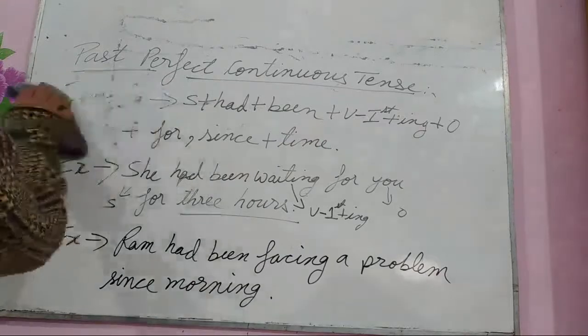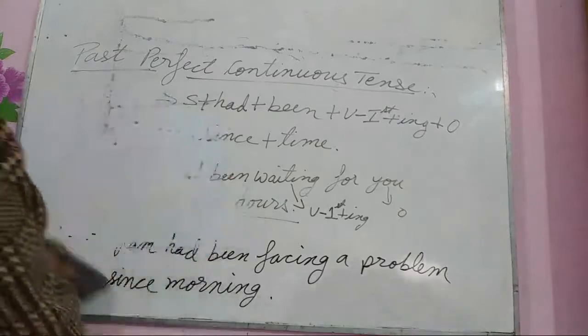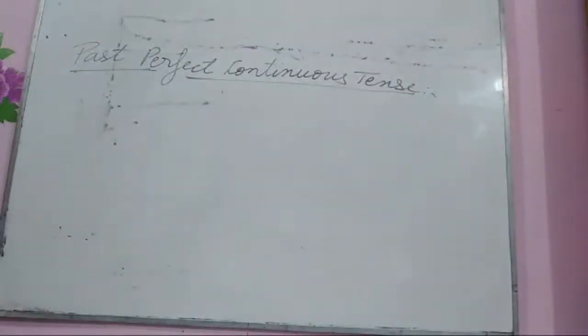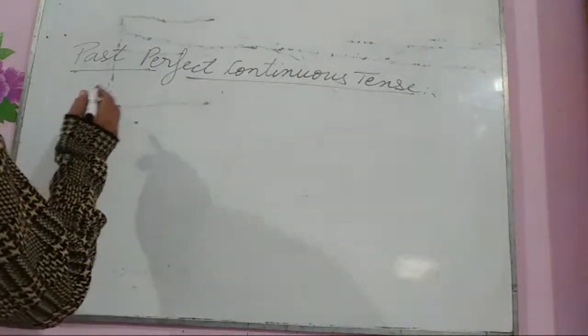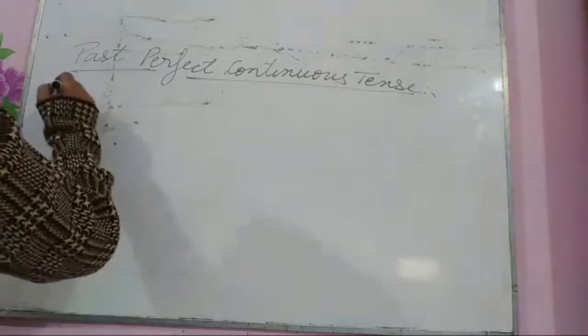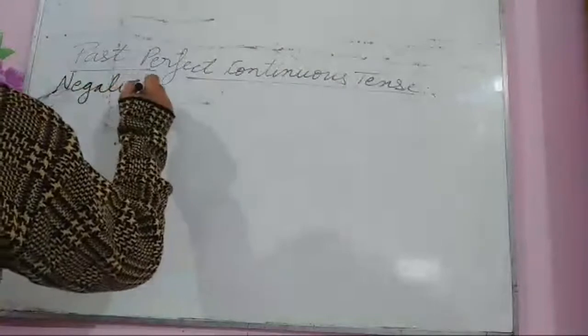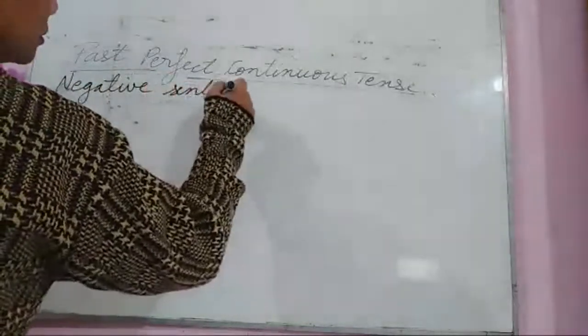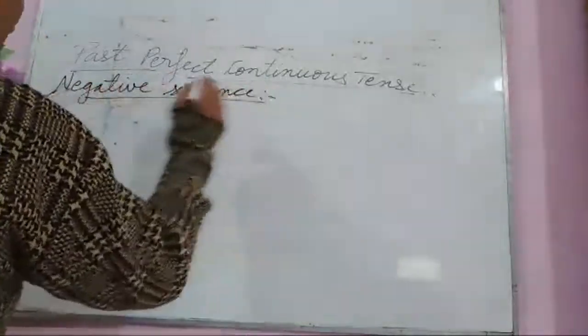Now let's see the negative formula of the past perfect continuous tense. How to make a negative sentence in past perfect continuous tense.